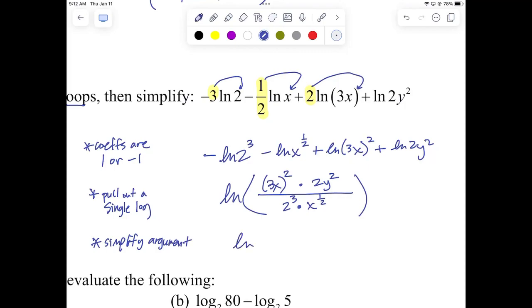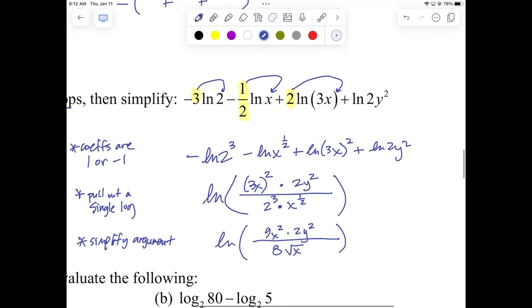All right, so let's see what we could do here. 3x squared, what is 3x quantity squared also known as? 9x squared, very good, times the 2y squared. And then the bottom 2 cubed is known as 8. And then x to the 1/2, if I get rid of the 1/2 exponent, is the what? Square root of x. Yeah, so we'll put it in square root form. So that's the first step in simplifying the argument.